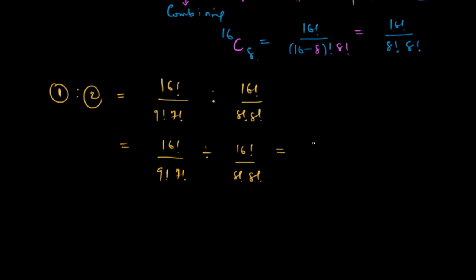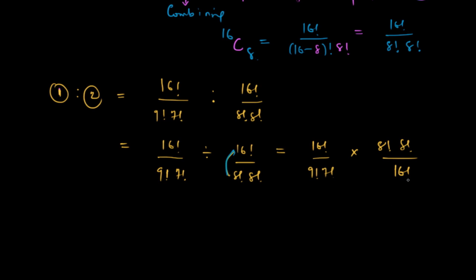Now this is the same thing as 16 factorial divided by 9 factorial times 7 factorial, then times, whenever you change this to multiplication, you reciprocate what you have here. So at the top you're going to have 8 factorial times 8 factorial divided by 16 factorial.